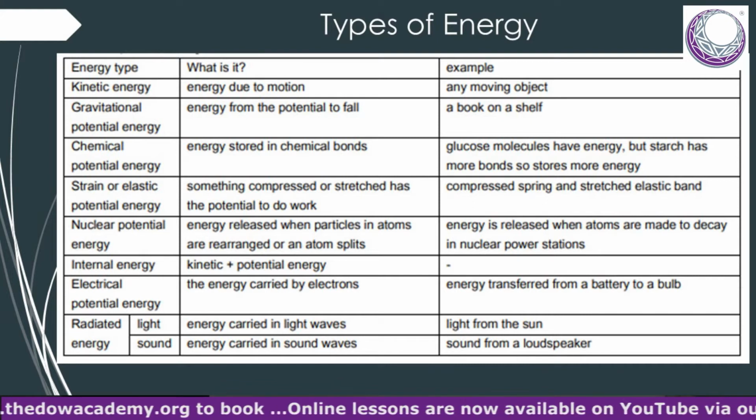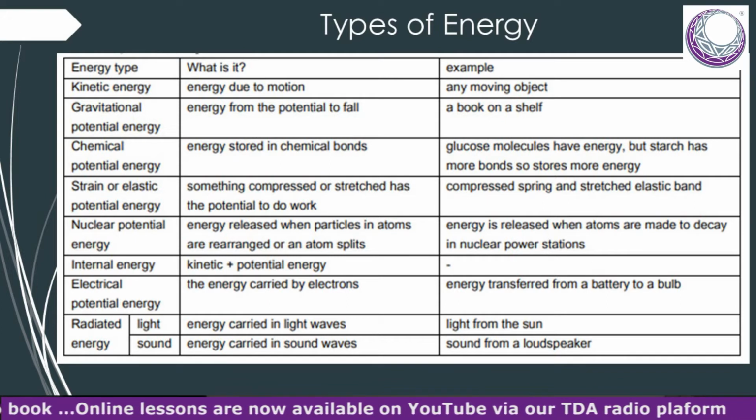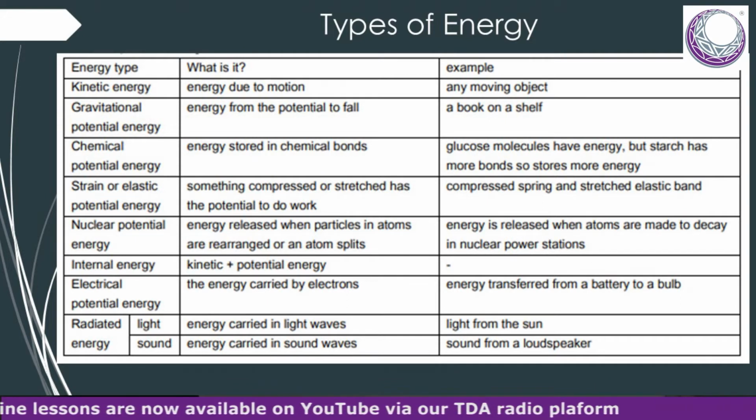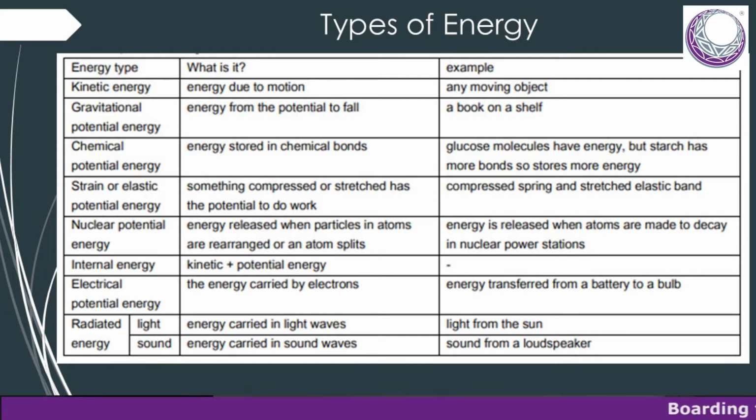And also when objects are heated and temperature is increasing, their internal energy also increases. We have electrical potential energy, energy carried by electrons. This is electricity, energy that we get from sources like batteries or other energy sources. Then we have light and sound coming in there. So these are the different types of energy that we have, which you should have looked at in your task. We move on.